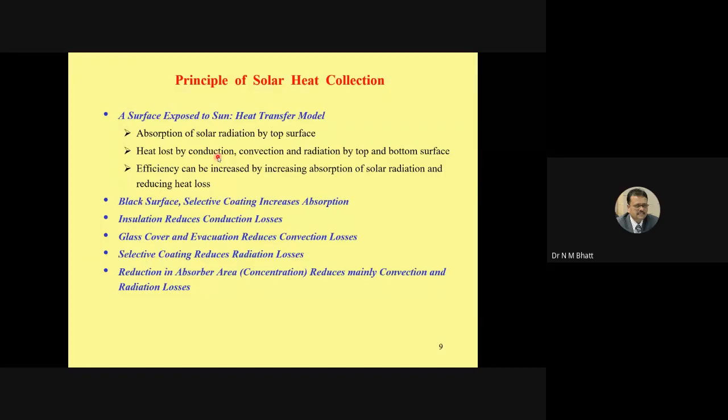So what I mean is that for the same fluid outlet temperature, your absorber temperature should be as low as possible, and that is possible only if you can remove the heat effectively from the absorber. And to remove the heat effectively from the absorber, the convective heat transfer coefficient between absorber surface and the fluid should be as high as possible. And that is the reason that liquid flat plate collectors are more efficient than air ones, because heat removal in the case of water is more compared to air.